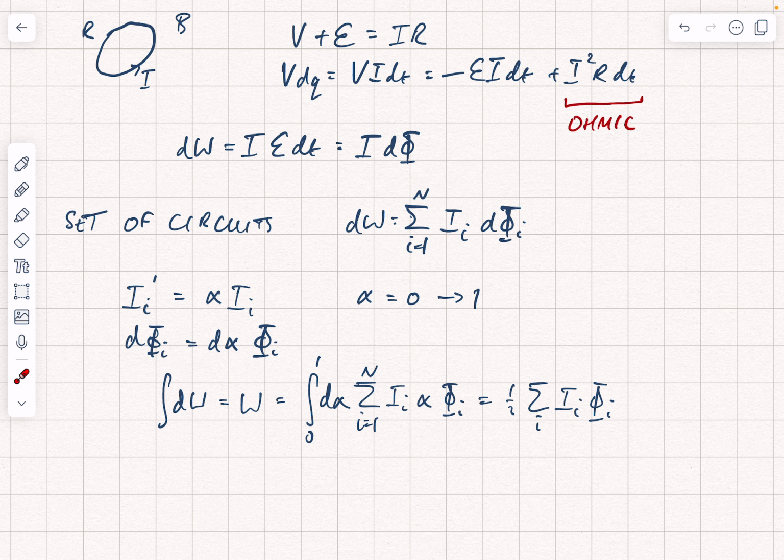So we will see in a moment that actually the formula for the energy in a magnetic field can be related to the current density dotted with the vector potential. So there's this lovely symmetry, as you would expect, that you have the source of the field, so either the charge density or the current density, multiplied by the potential, either the scalar electric potential or the magnetic vector potential, giving us the energy.